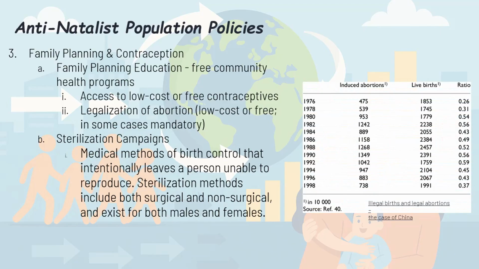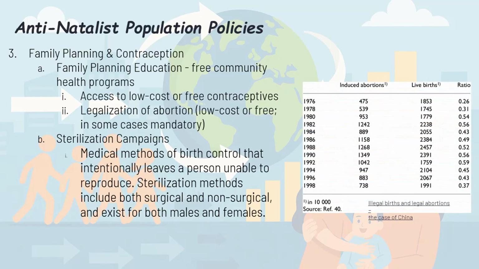Then there were sterilization campaigns. These involved medical procedures that made people permanently unable to reproduce. This was sometimes voluntary, but sometimes not. Some governments ran these programs with rewards or incentives, but others faced major backlash for coercive or forced sterilization, especially among poorer or marginalized communities.